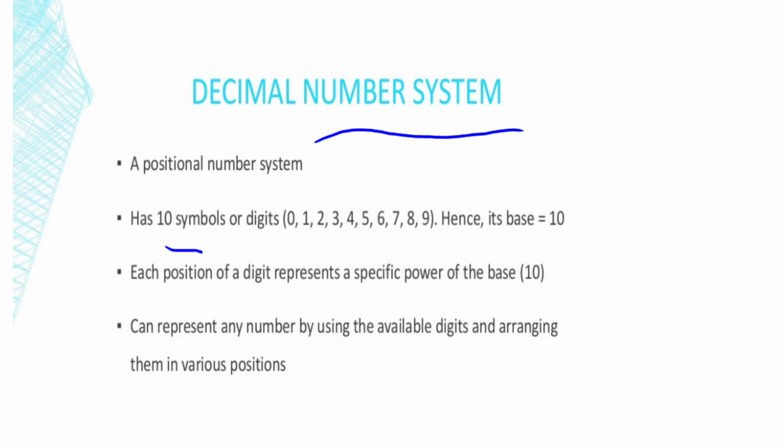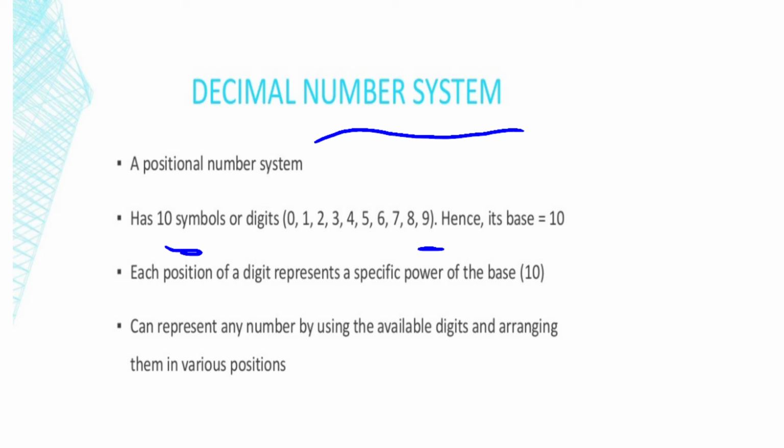Since it is supporting 10 digits, the maximum number supported will be 1 less. That is why we will stop at 9. Hence, the base of the decimal number system is what? It was mentioned in the slide that the base of any number system is the number of digits supported in it. Since the decimal number system supports 10 numbers, the base of the decimal number system is 10.